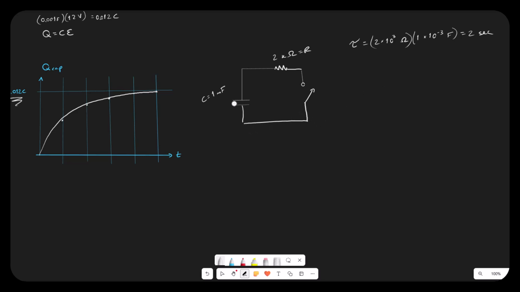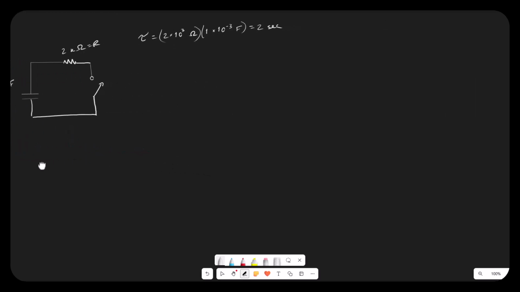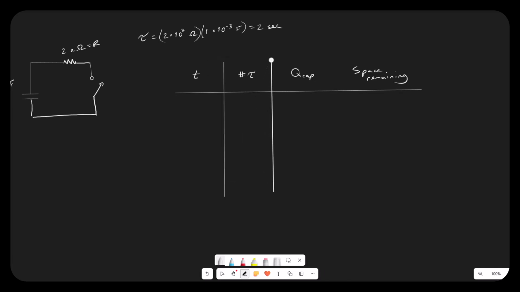This thing starts off completely full. So if I copy kind of my same table, if I say time, number of time constants, charge on the capacitor, and space left, space remaining, at time t equals 0, no time constants have gone by.